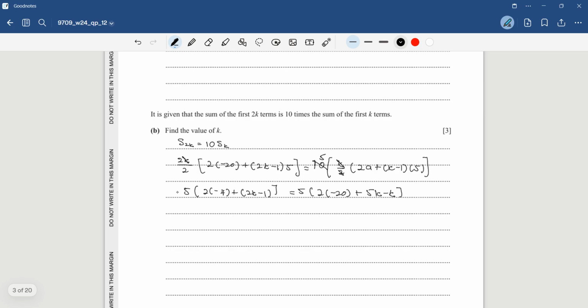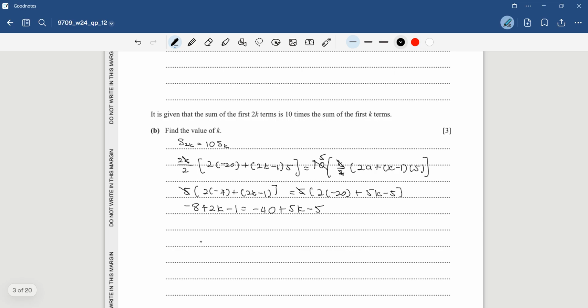So I can cancel my 5. It's very easy for me. Therefore, negative 8 plus 2k minus 1 is equivalent to negative 40 plus 5k minus 5. Sorry, it should be 5.